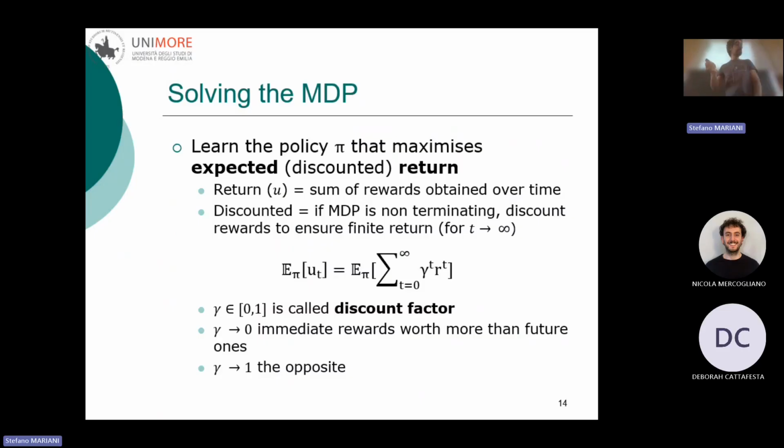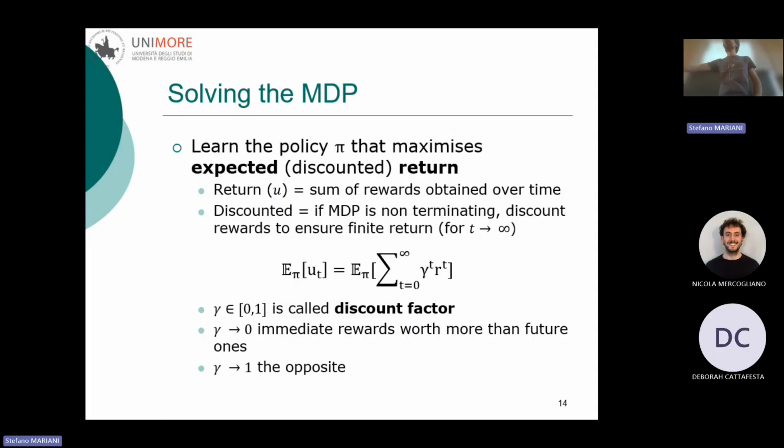So the discounted term is simply to discount rewards, so decrease the magnitude of rewards, so that sooner or later, and this depends on the discount factor, from a given point in time onwards, the rewards will be effectively zero.